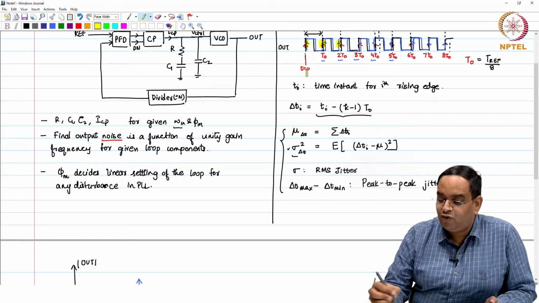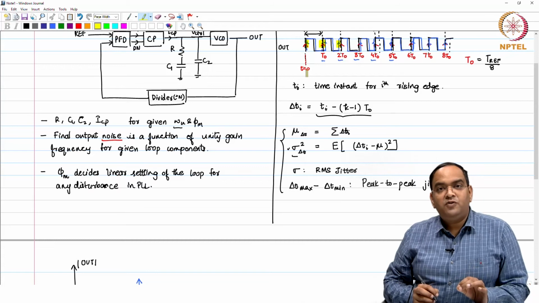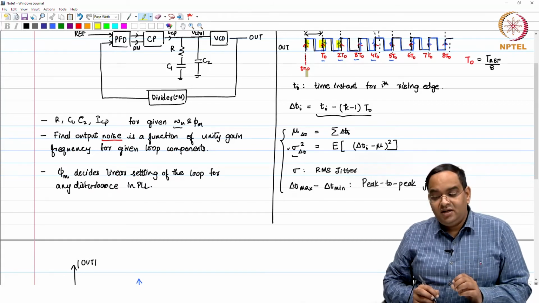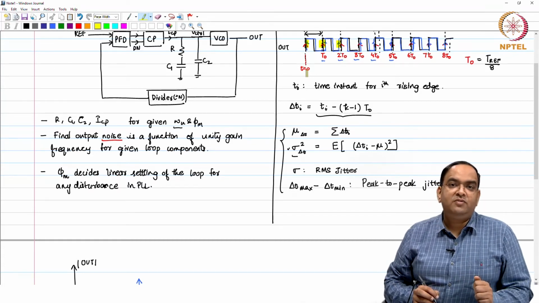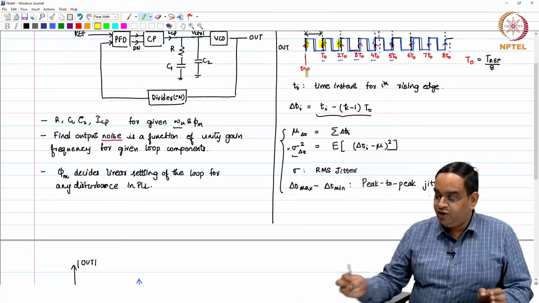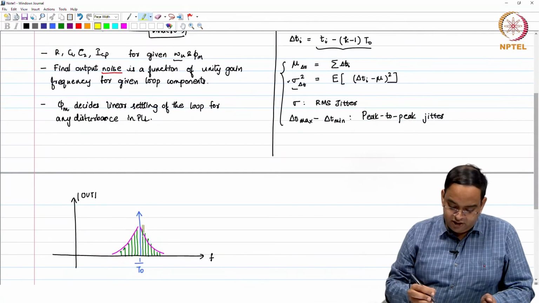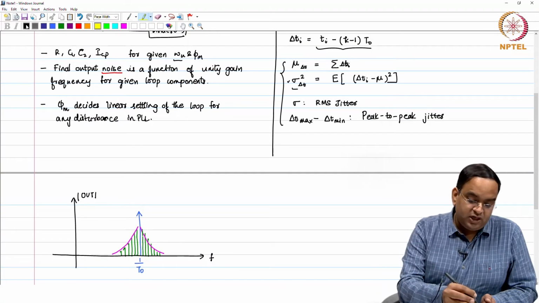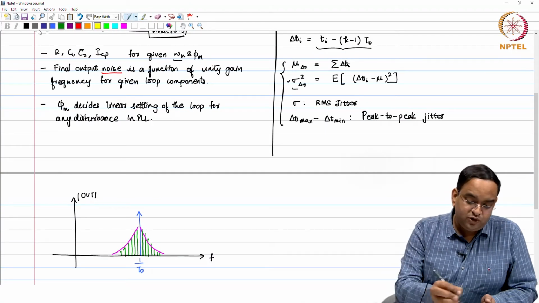So, when we are taking the voltage spectrum, you are taking the output signal in time domain and looking at the frequency spectrum of that output signal, which is going to show you all the other tones which you observe.